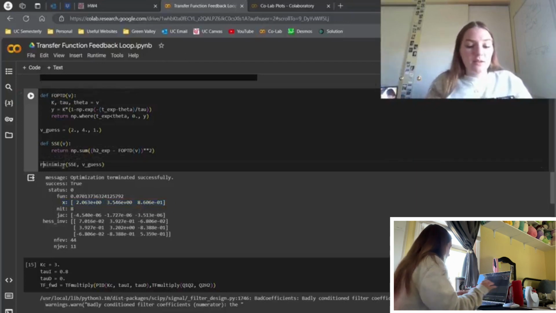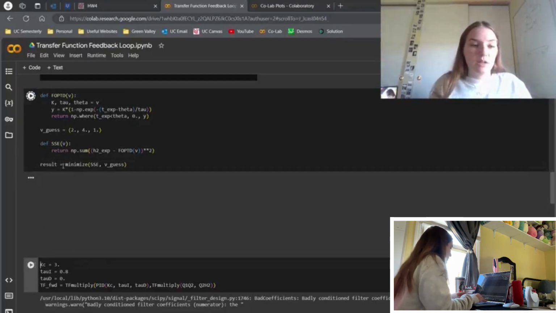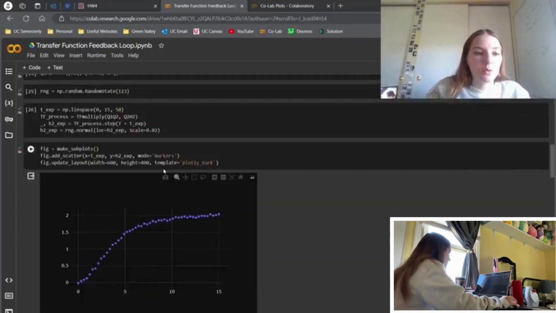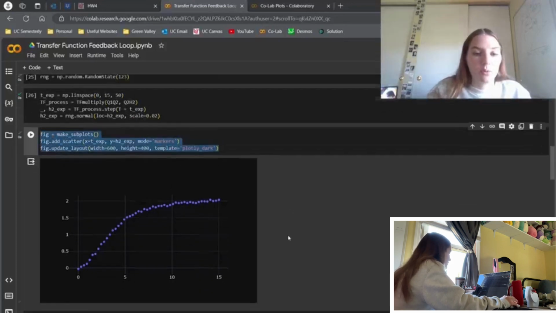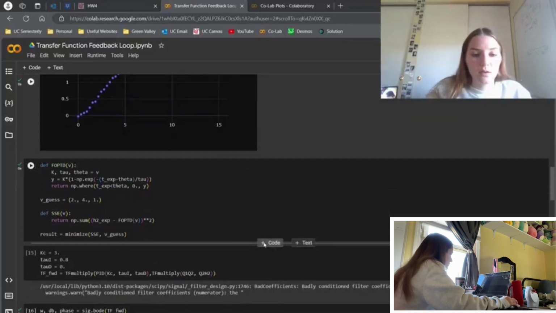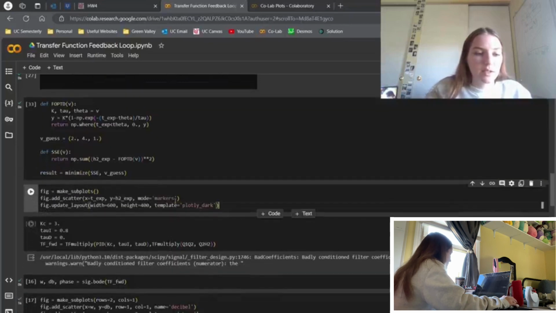So now we can set this equal to our result, so we can plot this out. So we are going to plot this line compared to our original plot that we just did. I'm going to copy and paste this down here.